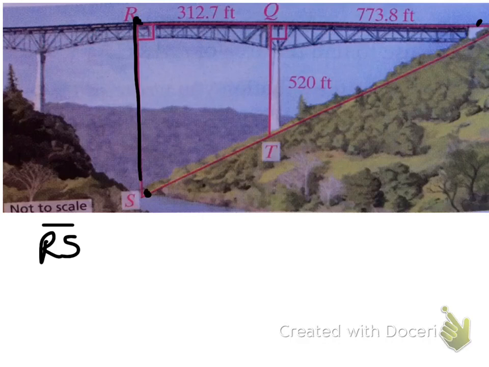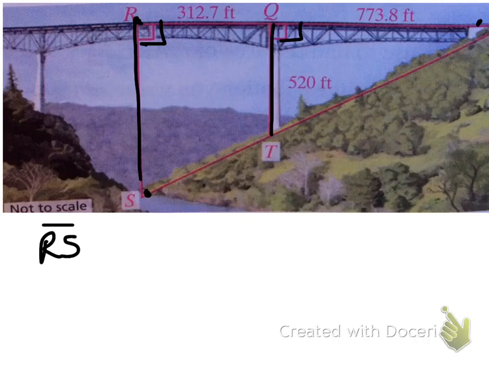So one way you can measure this is to pick one pier of the bridge, so say QT, that you know is perpendicular to the bridge. You know RS is going to be perpendicular to the bridge as well.